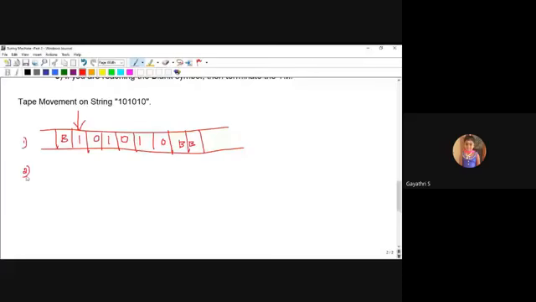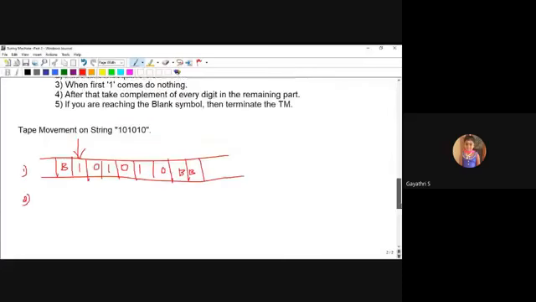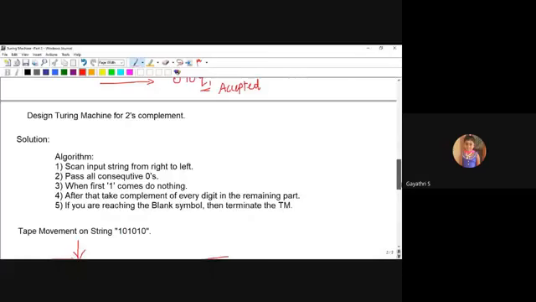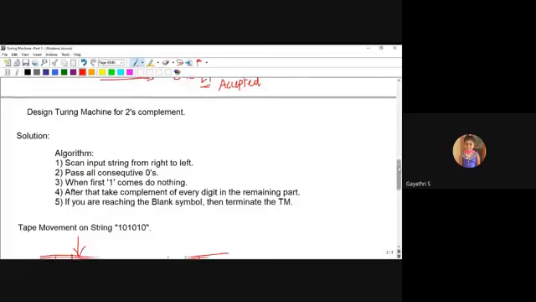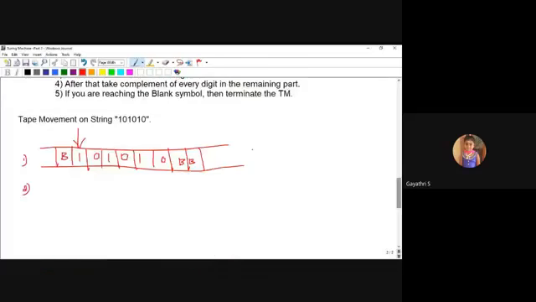As per the instructions, scan the input string from right to left. Keep it in your mind: for 2's complement, first scan from right to left. So I first have to move to the rightmost end of the string.